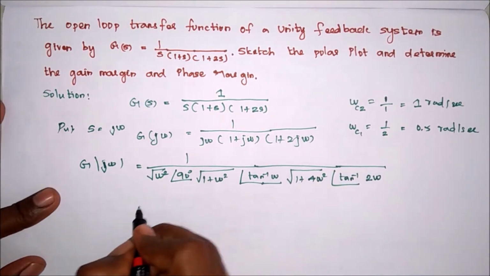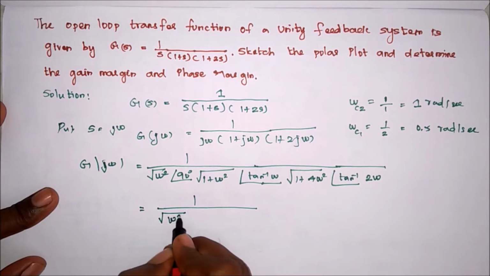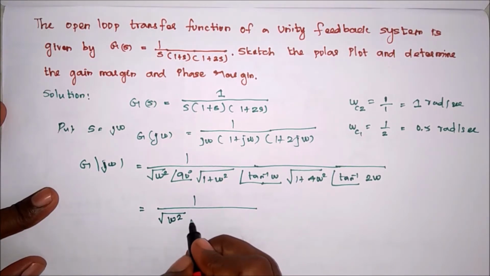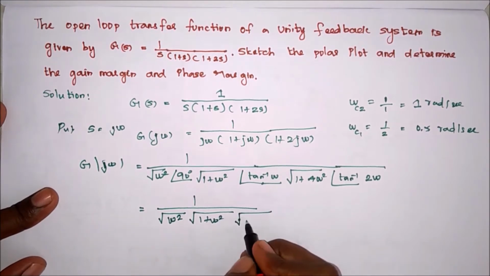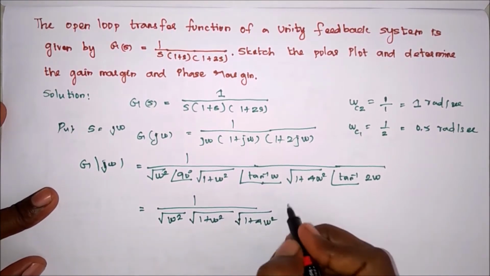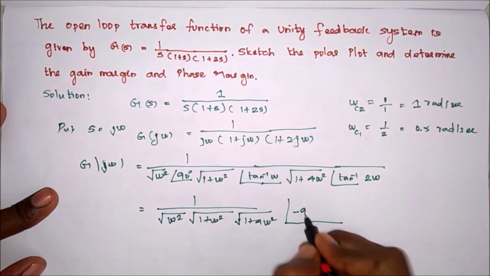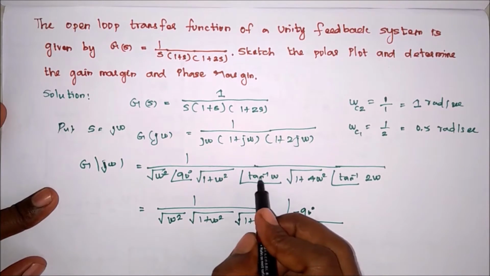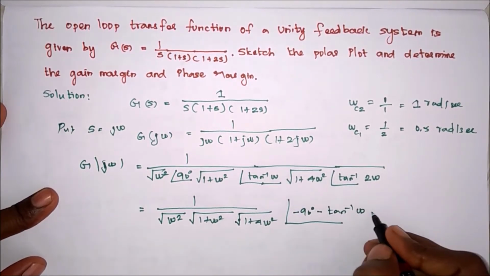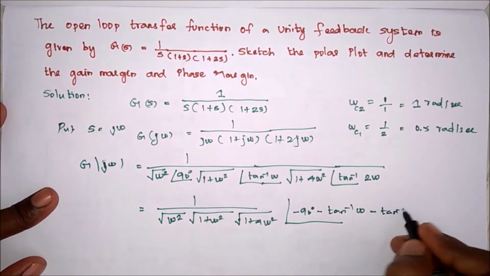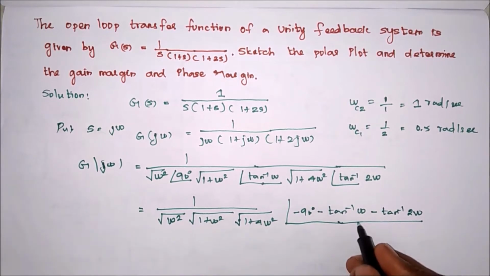Now we have to separate the magnitudes and angles. The magnitude is the square root of ω² into (1+ω²) into (1+4ω²). Now the angles: this is plus 90, and since it is in the denominator, it becomes minus 90, minus tan inverse of ω, and minus tan inverse of 2ω.